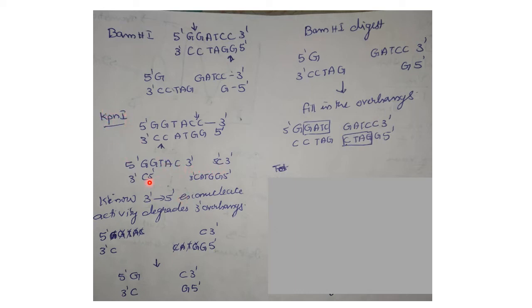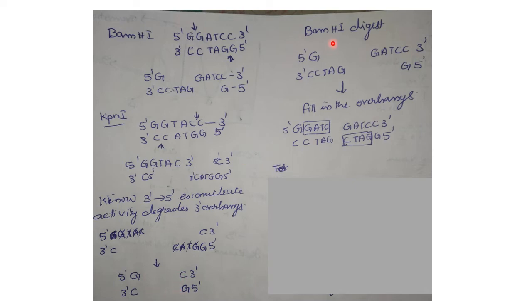These are the 3' overhangs of KpnI, and these will be degraded by the Klenow fragment through its 3' to 5' exonuclease activity. So all of these, that is GTAC and CATG, will be digested off, and you will get something like this, which is a blunt end. There are no overhanging sequences now, they have been removed, so you get a blunt end region.